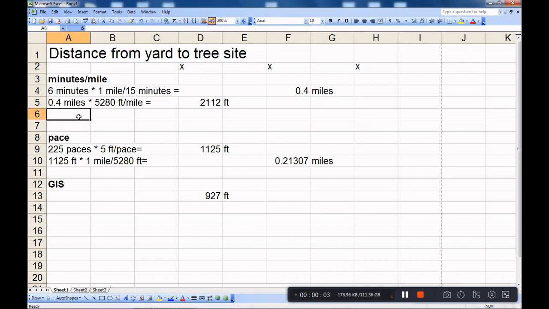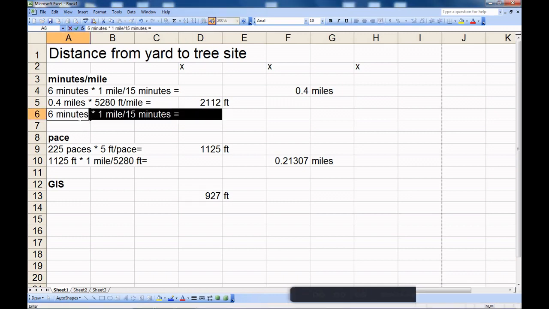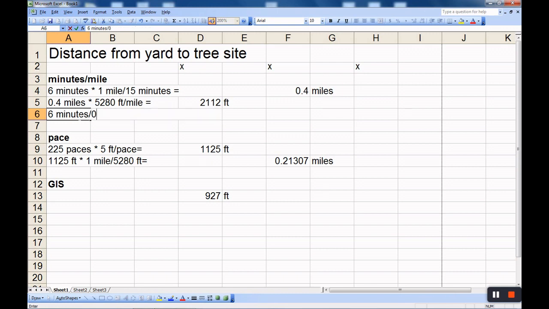Let's say we had 6 minutes and it's actually 0.2 miles. I'll put that over here just not to confuse. So 6 minutes divided by 0.2 is 30 minutes per mile.